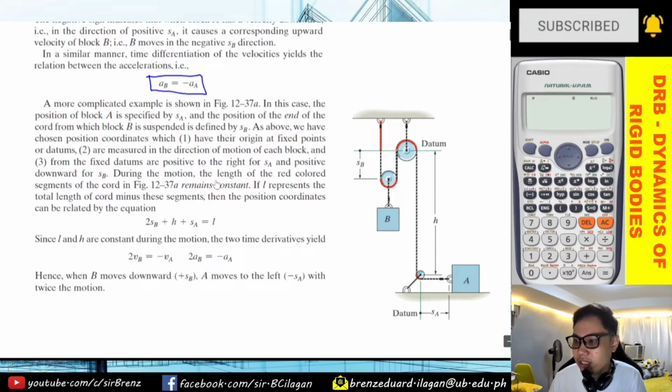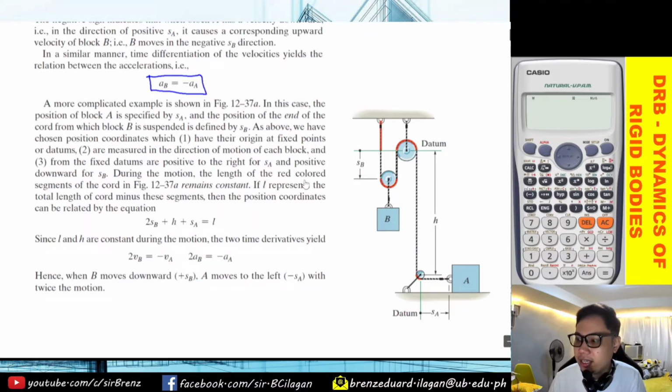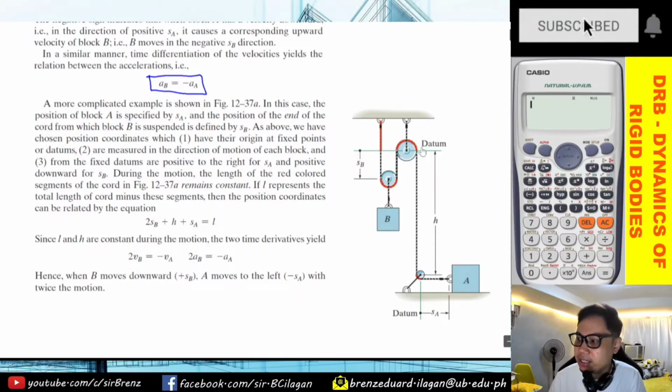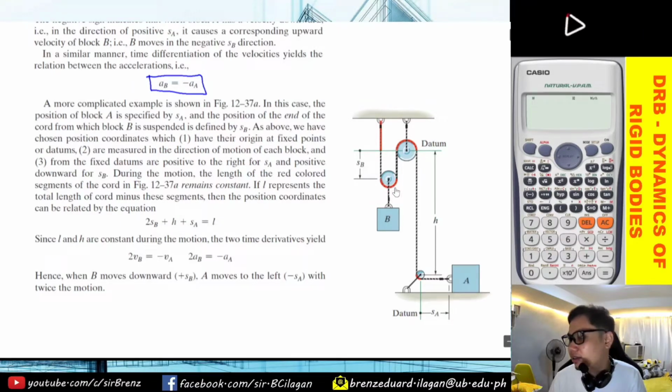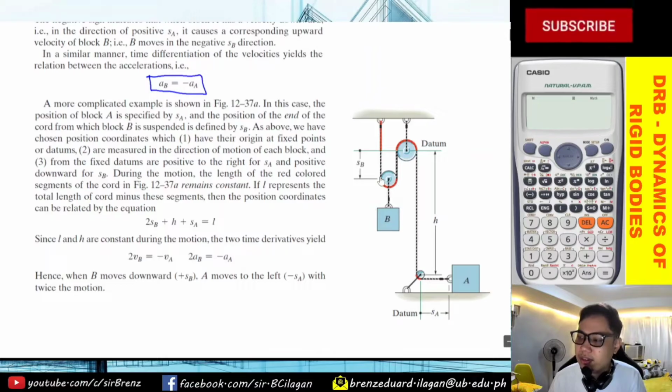Okay, so during the motion, the length of the red colored segment of the cord in the figure shown remains constant. Lahat dun, mga apula guys, is constant, which is correct naman, di ba? Kasi hindi naman siya magbabago. So, yung contact na tinatamaan lang dito sa pulley remains constant.